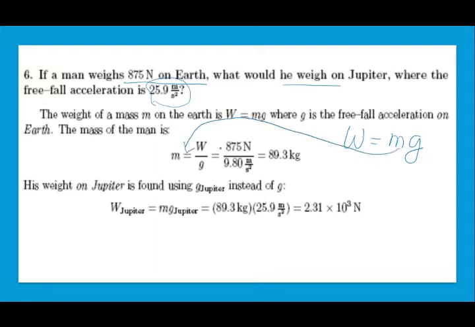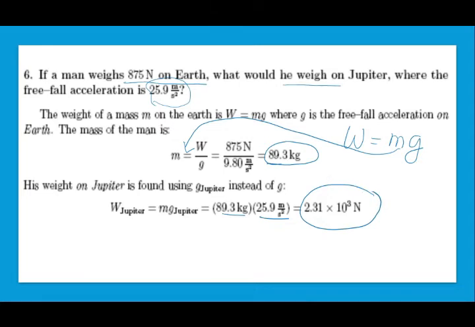So, mass is equal to weight over gravity. So, this is his mass. Once you have the mass, you can get the weight of the person on Jupiter. So, on Jupiter, the weight of that person becomes 2.31 times 10 to the 3 newtons.